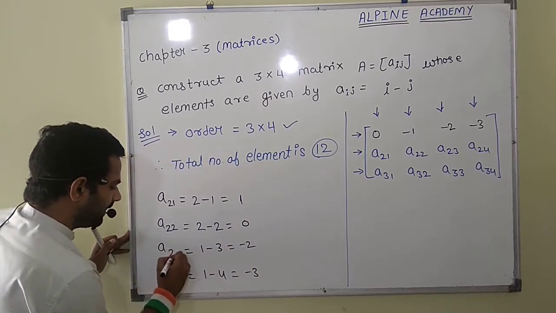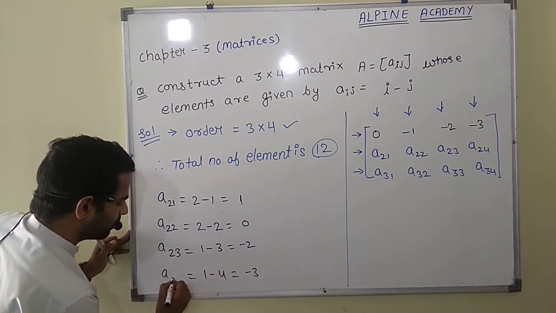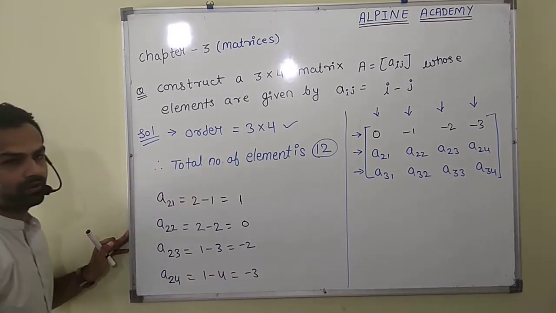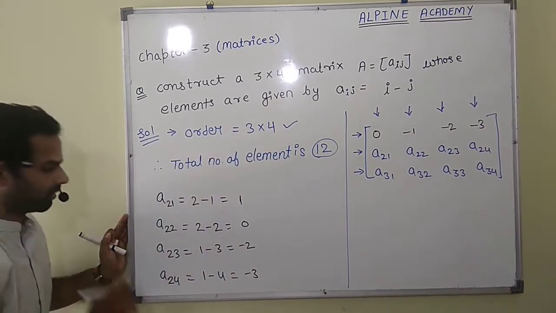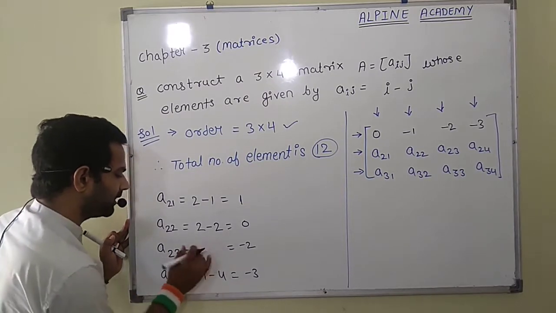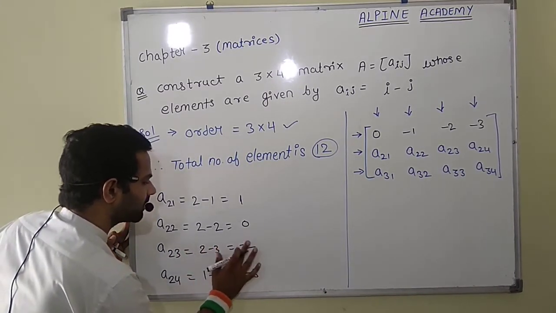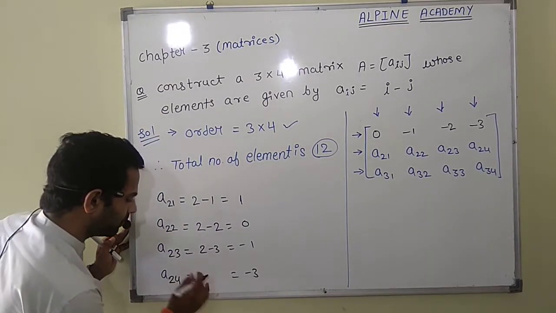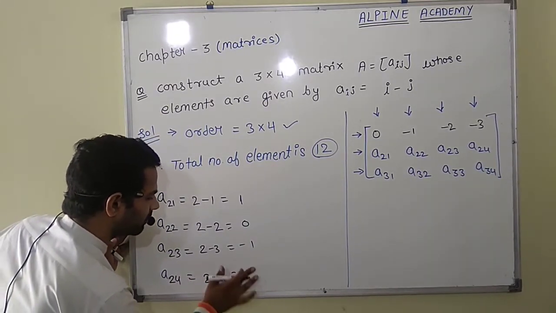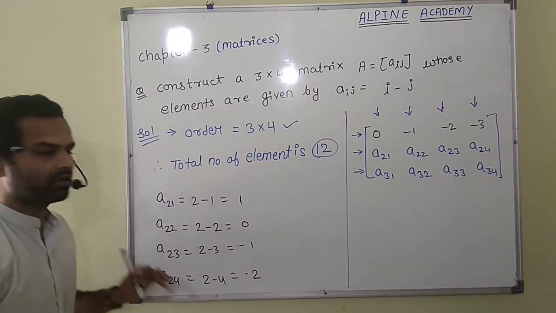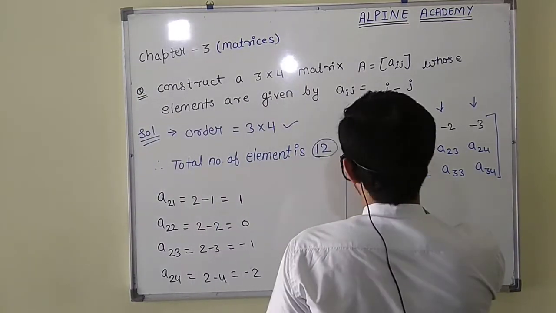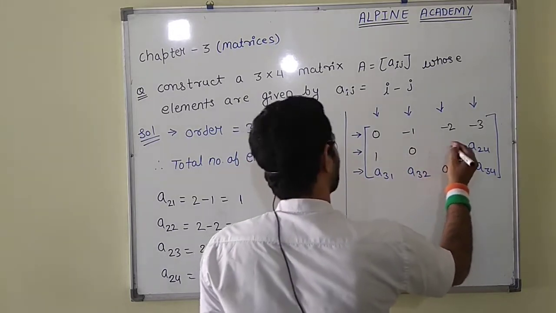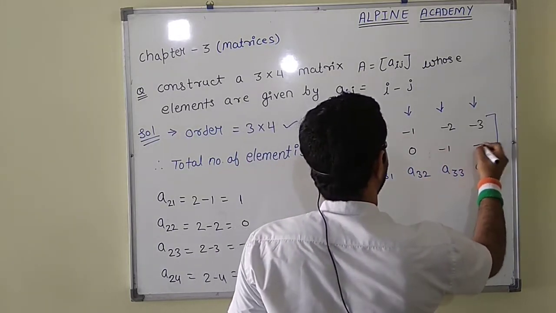Similarly a23 and a24. We have to go up to 4 because there are 4 columns. a23 is 2 minus 3, which is minus 1, and a24 is 2 minus 4, which is minus 2. So we put these values in the matrix: 1, 0, minus 1 and minus 2.